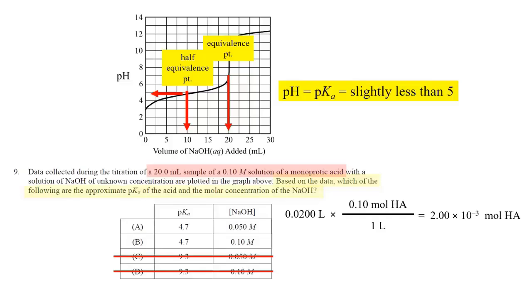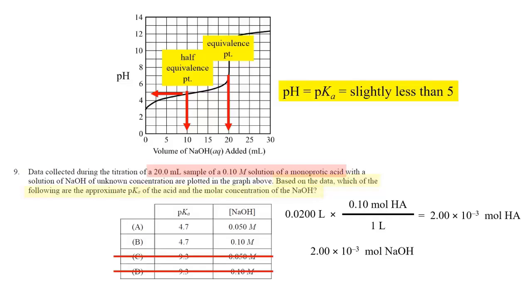So based on that 1-to-1 ratio that we've seen between a monoprotic acid and a base like sodium hydroxide, that number, 2 times 10 to the negative 3, is not only the number of moles of the monoprotic acid, it's also the number of moles of the sodium hydroxide. But we need concentration, not moles. We need moles per liter.